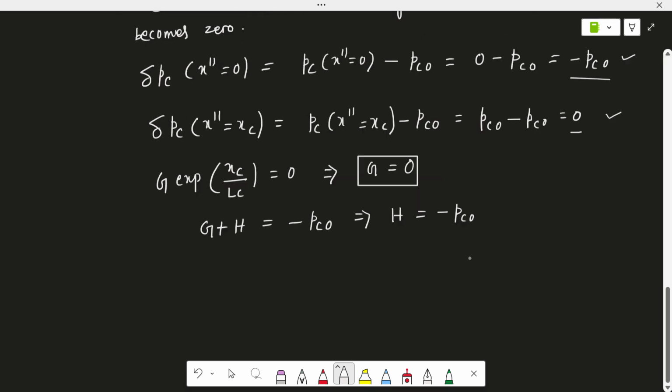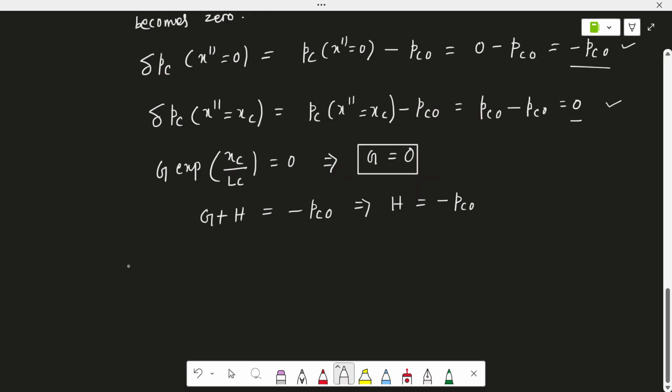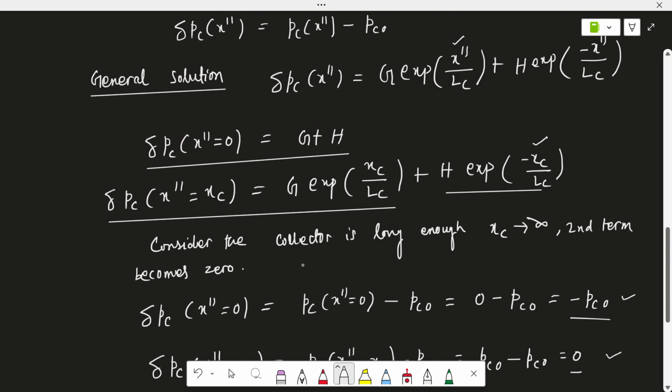Let us rewrite our general equation. So our general equation, ΔPc at x'' equals minus Pc0 for h. g is 0 already, so that term will not be there.